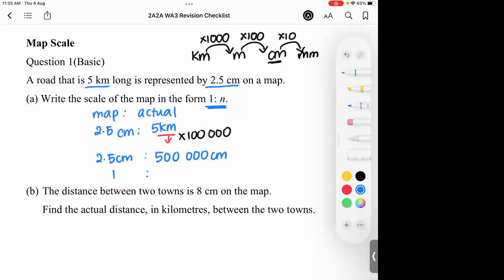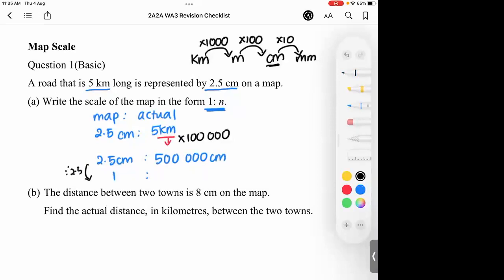Adawiya, if not, you can type the answer inside the chat group also. Or you can say, divide by what number? 2.5. Yes, thank you. Divide by 2.5. So please calculate the number. 500,000 divided by 2.5. What do you all get?